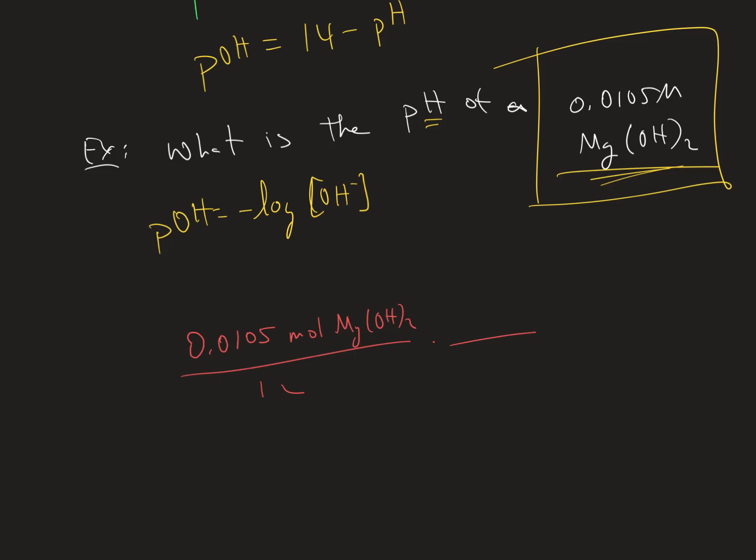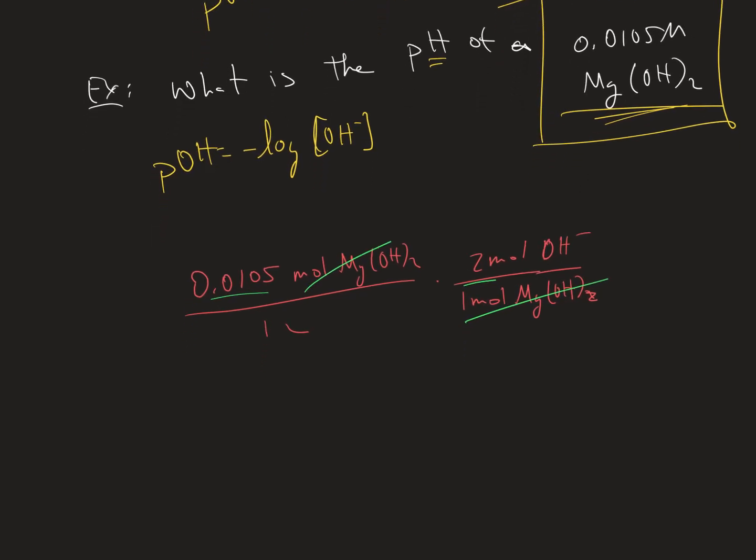And we know for every 1 mole of Mg(OH)2, I hope we know this, if we don't, you should tell me, to 2 moles of OH minus. Are we good? Questions? So that goes away. And so we just multiply this by 2.